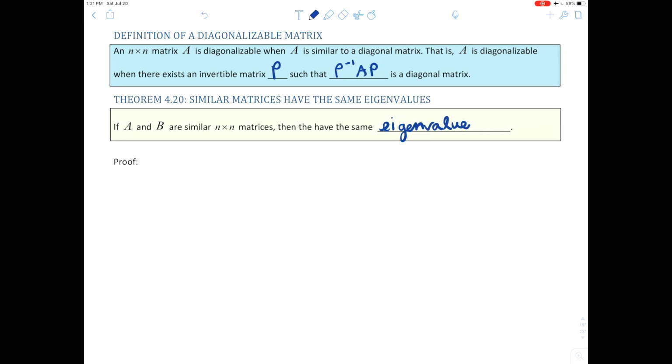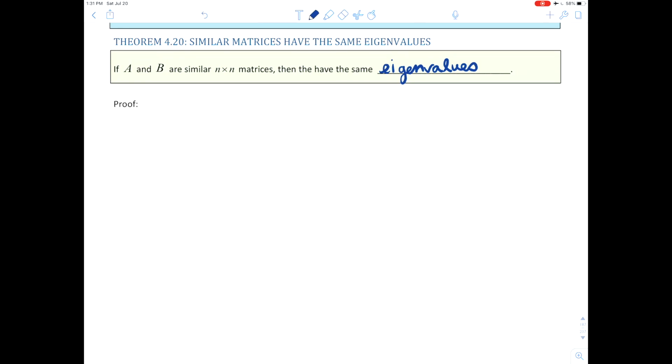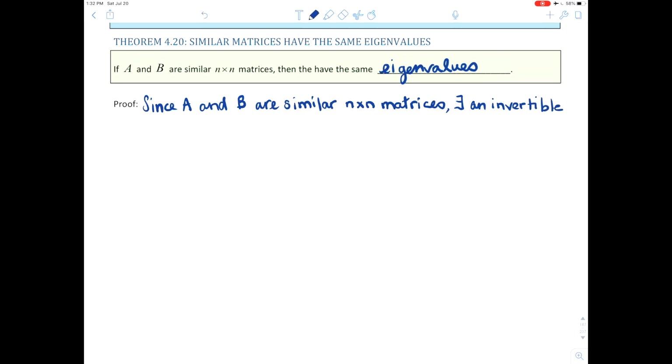It's got a cool little proof here. To start out, our premise is that A and B are similar matrices, right? So we can say since A and B are similar n by n matrices, there exists an invertible matrix P. And what am I going to say here?